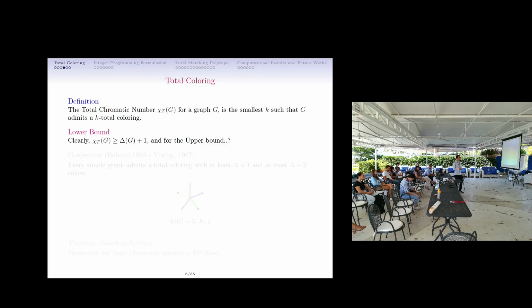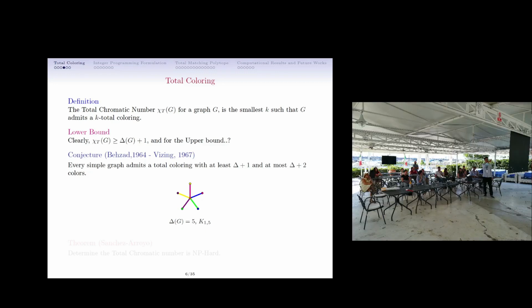But what is an upper bound for this type of problem? It is conjectured by Behzad and Vizing that the total chromatic number lies between delta plus 1 and delta plus 2. Why is the lower bound that? We can pick a vertex of degree delta.